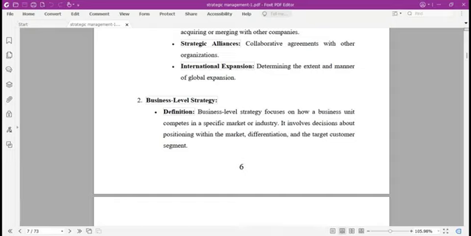This revolves around that type of specific market or industry where an organization engages in decision making about positioning within the market.